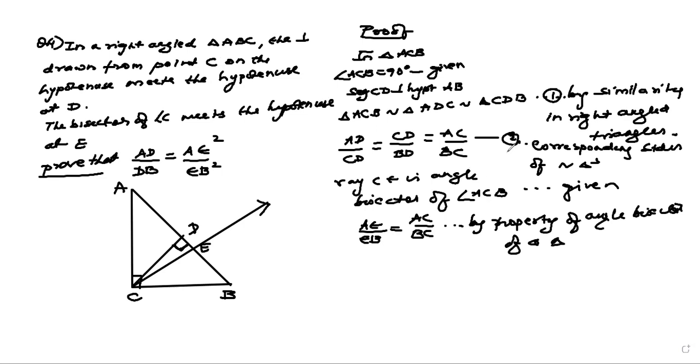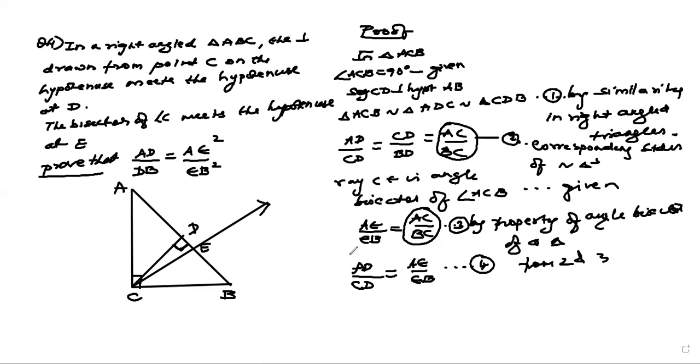Now you can see here, this is statement number 2 and this is my statement number 3. When I look at 2 and 3, on the right hand side, can you see the ratio AC upon BC? I got it here, and even in this I got AC upon BC. Therefore, AD upon CD is equal to AE upon EB. This is statement number 4, from 1 and from 2 and 3.